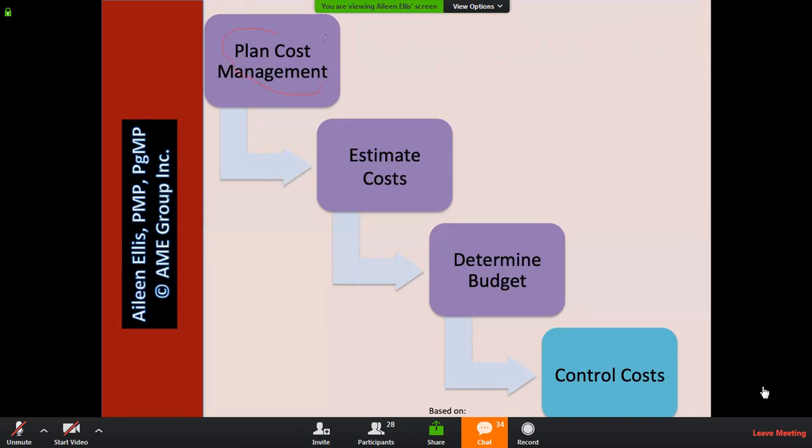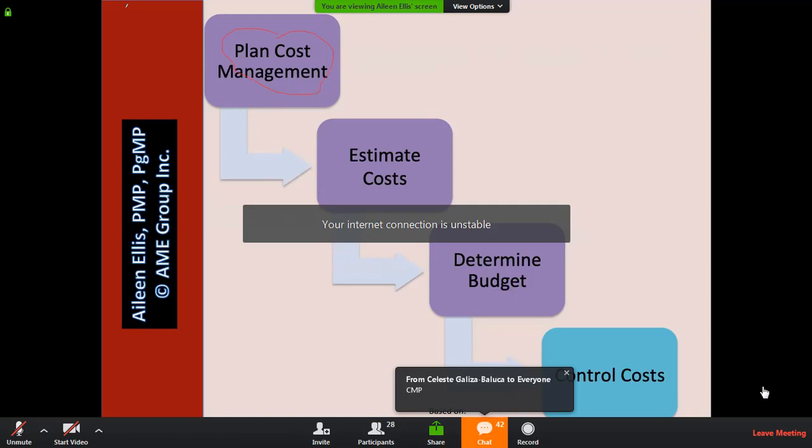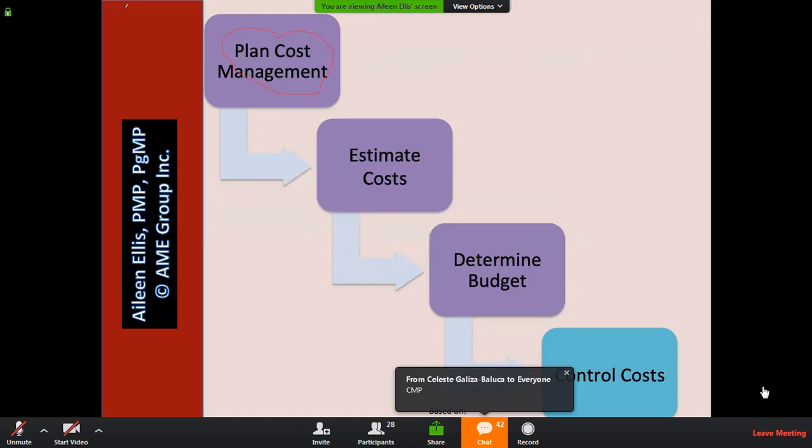Can anyone tell me the primary output of plan cost management? Great, the primary output is the cost management plan. Let's move on to estimate costs.